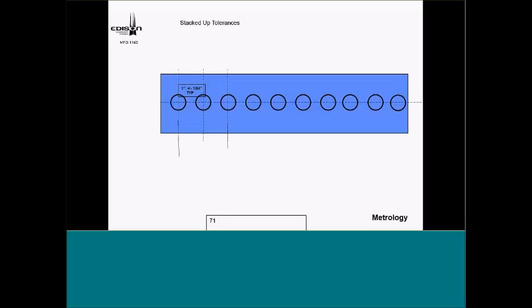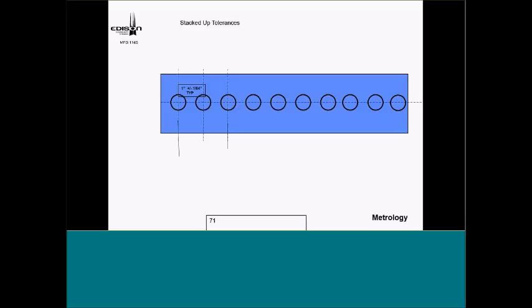Okay. Then on the board, I'll show them, okay, sometimes we have trouble with stacked up tolerances. So on a print, I may have 1 inch plus or minus 1/64th typical. Typical means, okay, in between all those lines, I can have 1 inch, either plus or minus 1/64th of an inch in between all those holes.